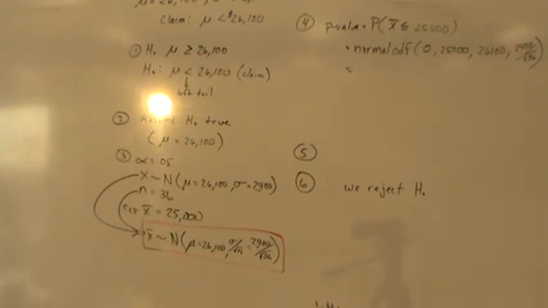Okay, so now, let me put it in real quick. Okay, so the mean, 26,100. Standard deviation is 2,400 over the square root of 36.